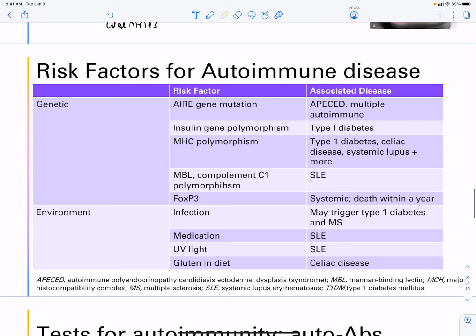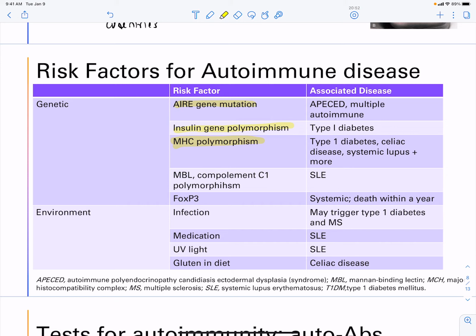So again, we have some risk factors for autoimmunity. We have our AIRE gene mutations for APECED, as well as other autoimmune diseases. We have insulin gene polymorphisms, and this is going to impact how much insulin is made in the thymus. We also have MHC polymorphisms that are going to influence those more common autoimmune diseases, not the rare autoimmune diseases.